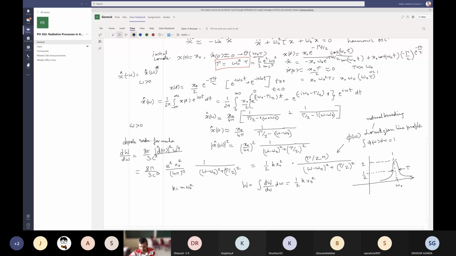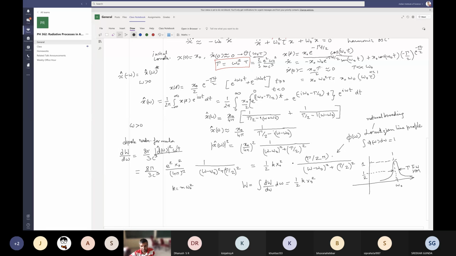You can see from this that when omega minus omega naught is equal to gamma by 2, that's when it becomes half of its peak value. So this is the full width at half maximum, and this is the Lorentzian line profile.